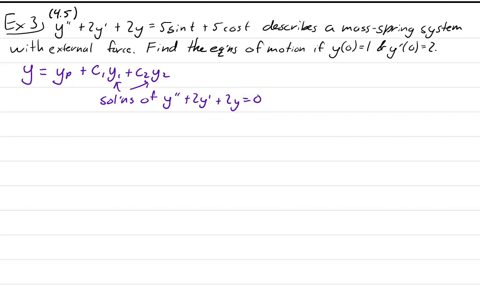So what we've got to do is, first of all, find yp, the particular solution of this equation, using undetermined coefficients.